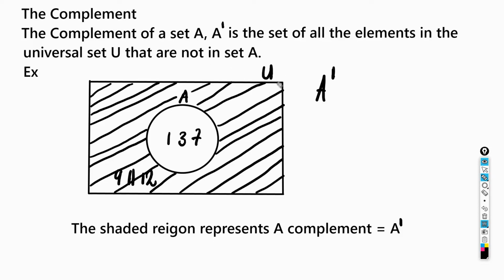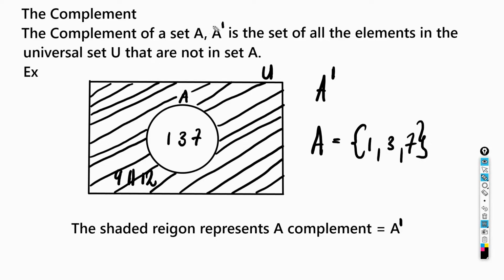So we'll have the rectangle here for the universal set, right? And we can see in the universal set that there's 9, 11, 12, 1, 3, and 7, right? And in set A here, we have 1, 3, and 7, right?